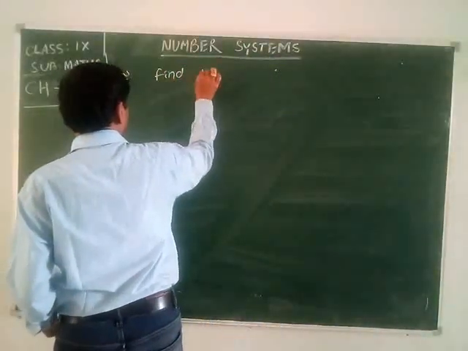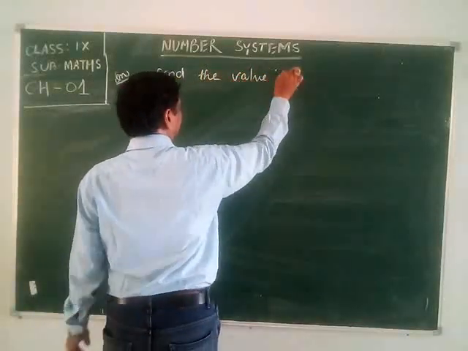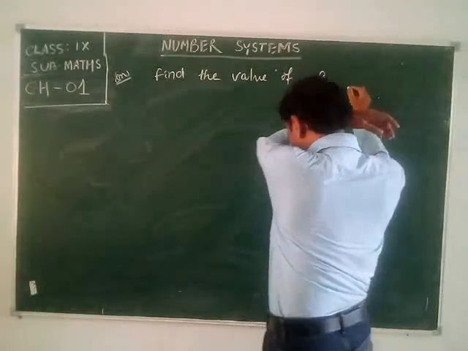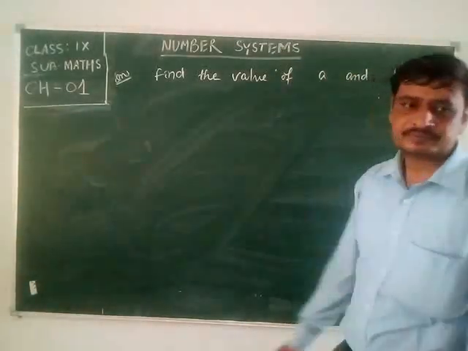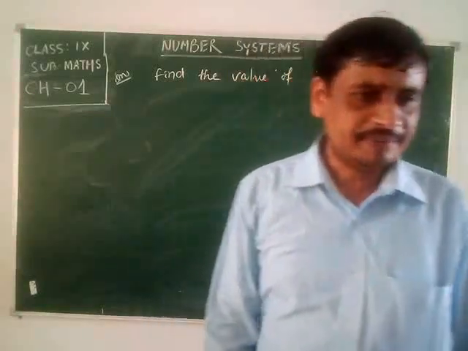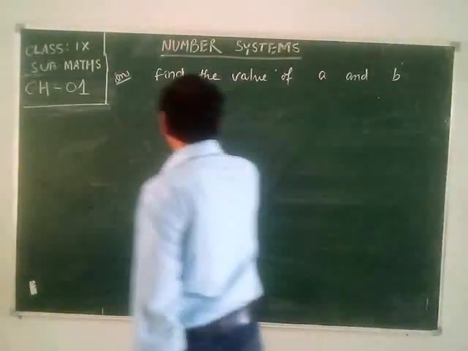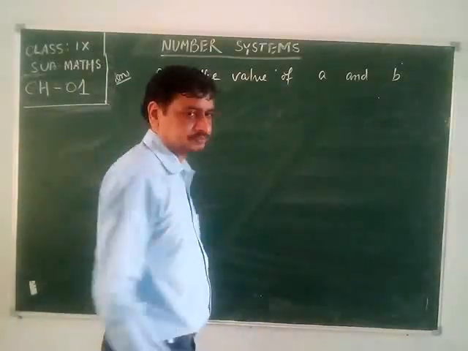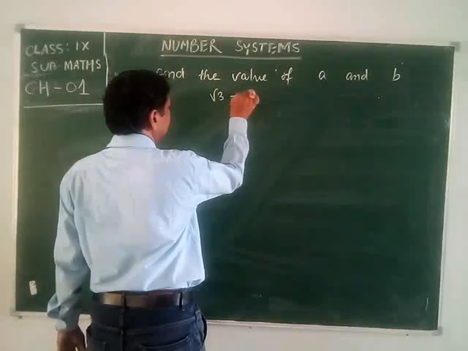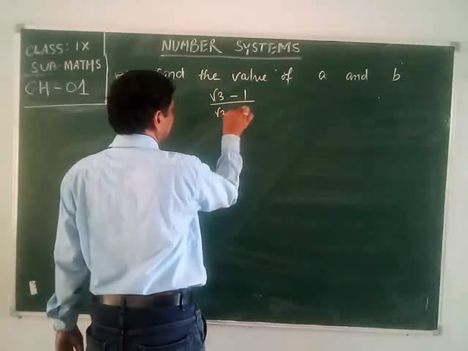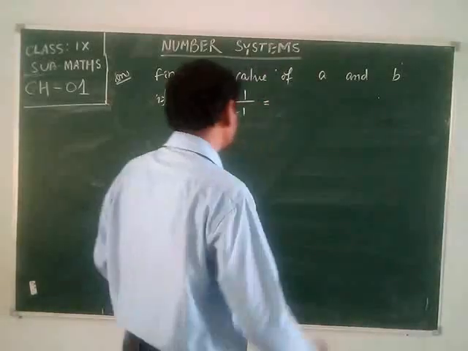Find the value of A and B if root 3 minus 1 by root 3 plus 1 is equal to A plus B root 3.